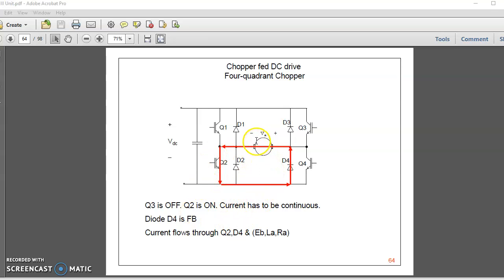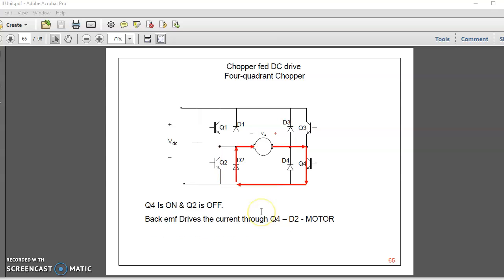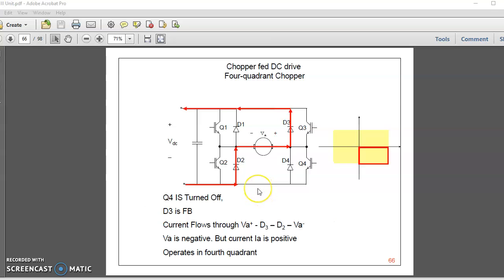During this period the output voltage will be 0 volt. Now Q4 is on and Q2 is off, so the back EMF drives the current through Q4 and the motor. Here also the output voltage will be 0 volt.